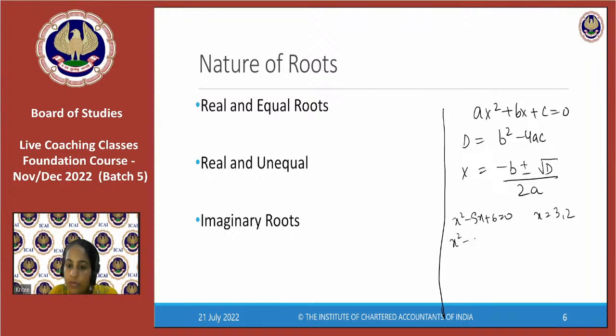Then there was one more, x square minus 8x plus 16 equal to 0, and you found that value of x is both same. So what is a peculiarity, what is a speciality in both of them?